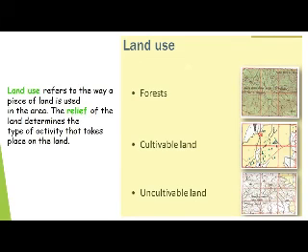Now next we come to the land use. The land use refers to the way a piece of land is used in the area. The relief of the land determines the type of activity that takes place on the land. Now land use includes the forests, the cultivable land and the uncultivable land. Next we come to vegetation.